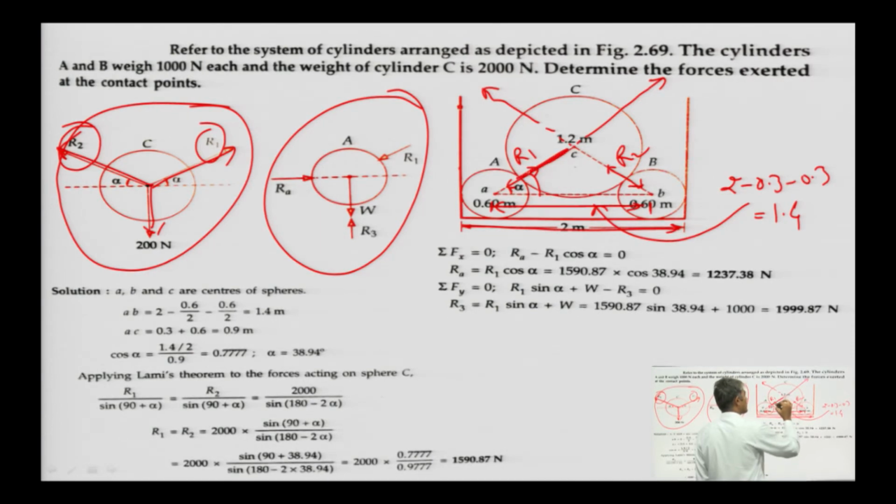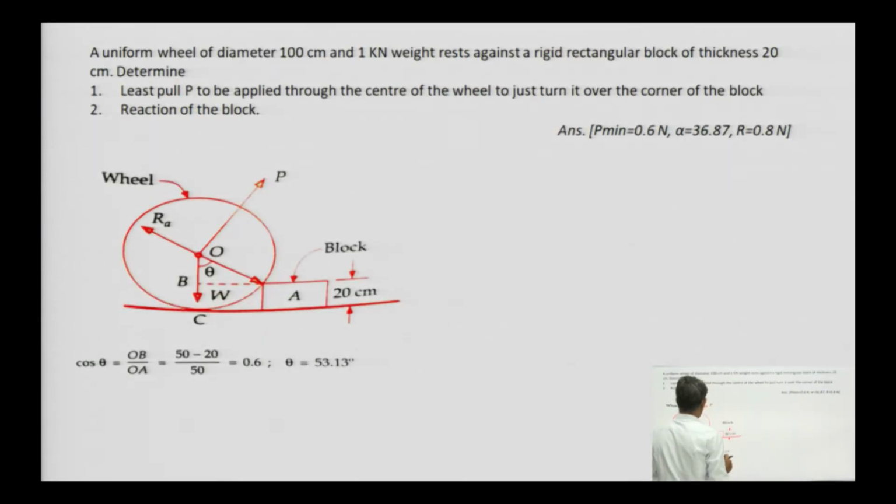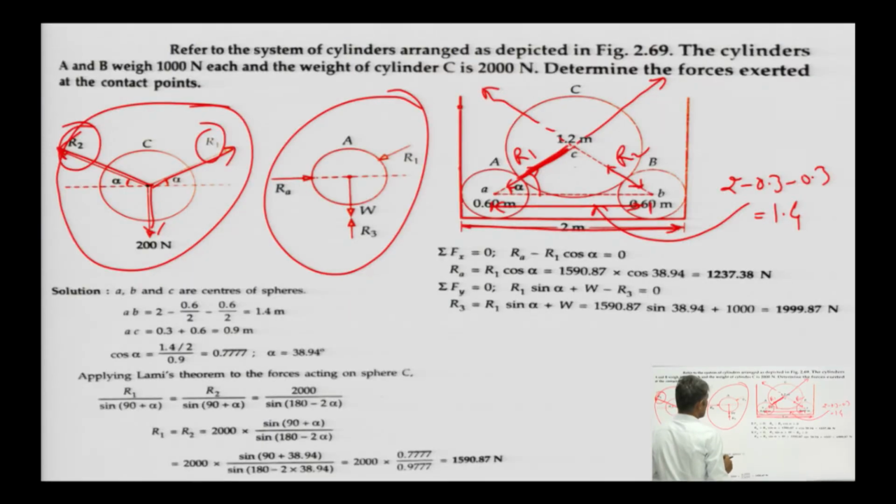This distance is the radius of sphere C, and the diameter is given to us. This radius is known to us.